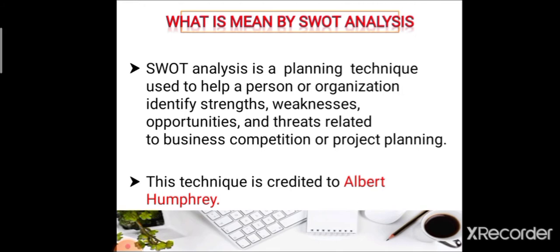In short, it is a planning tool used by any person or organization for identification of different strengths, weaknesses, opportunities and threats related to business competition or the planning process. This technique is credited to Albert Humphrey. That means SWOT analysis was developed by Albert Humphrey.